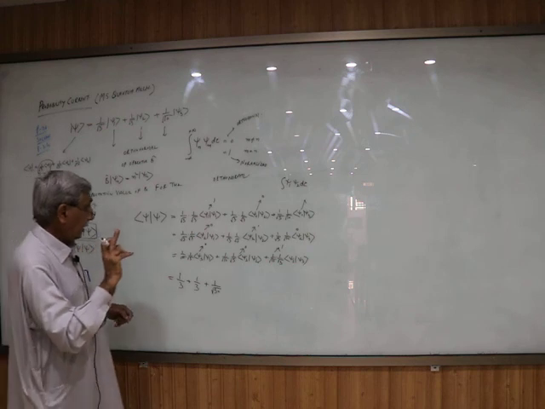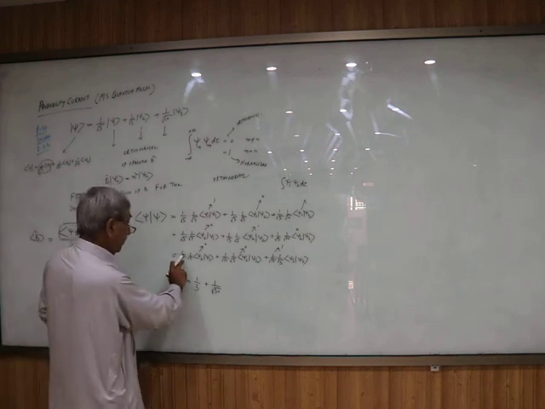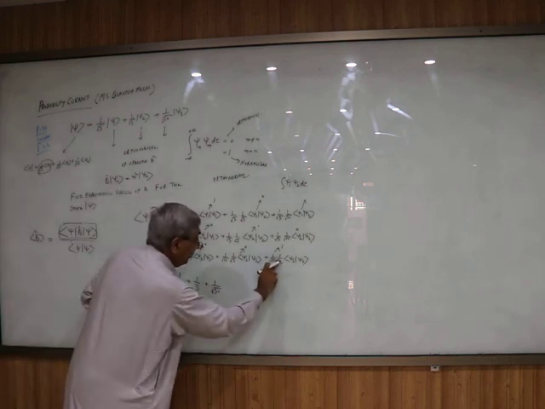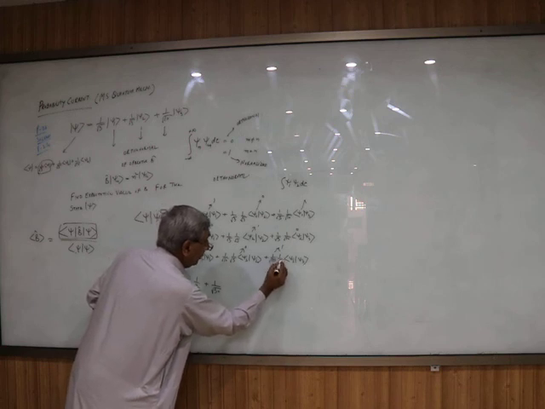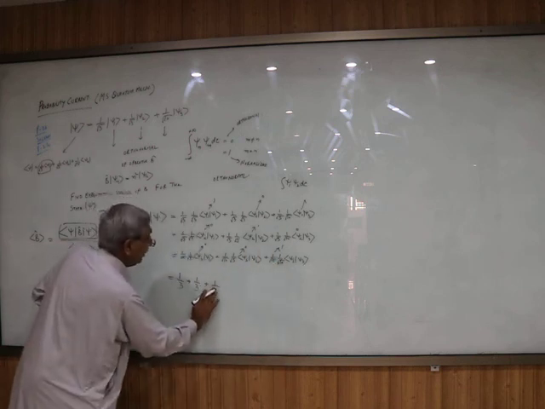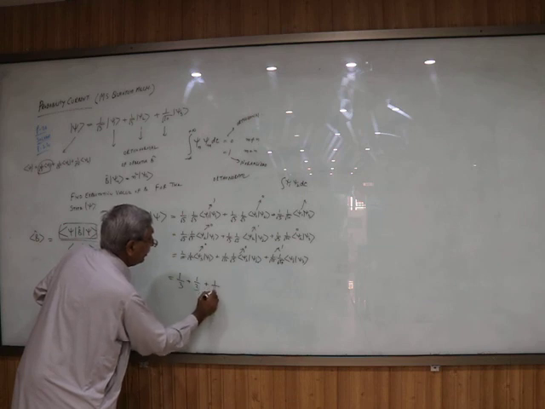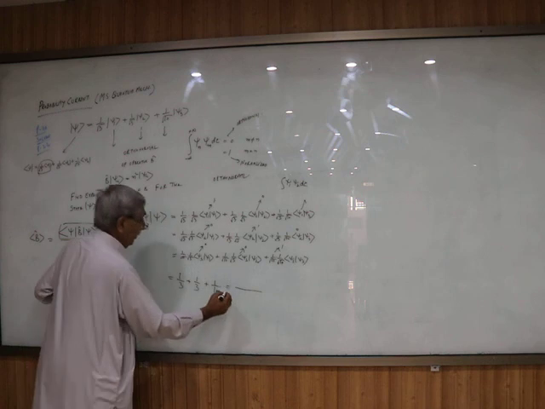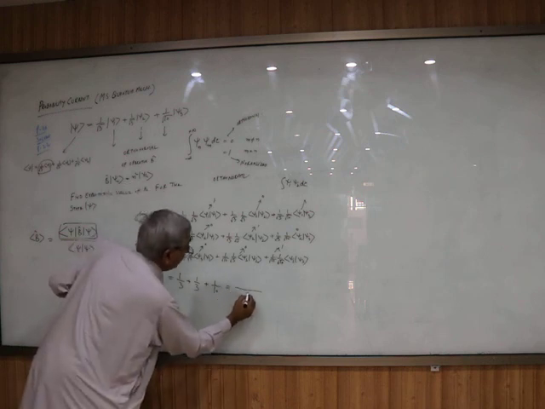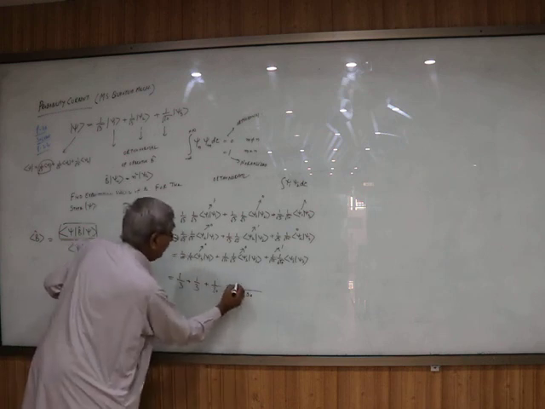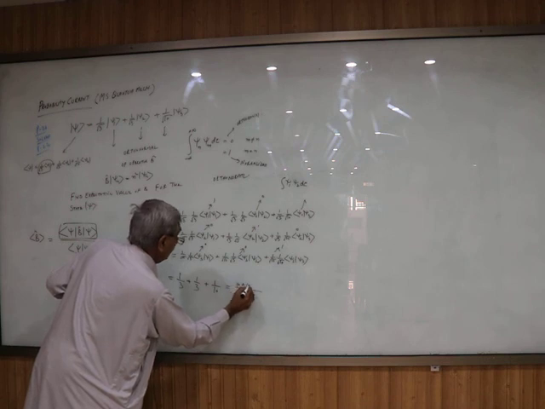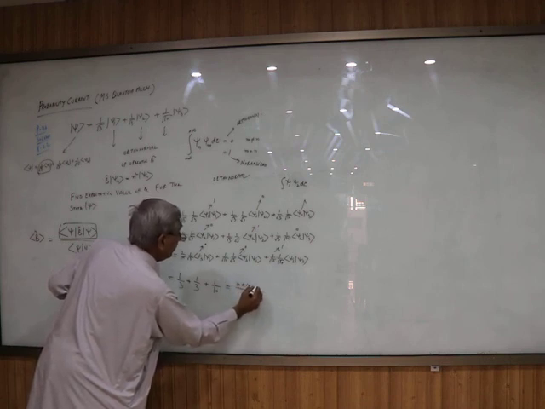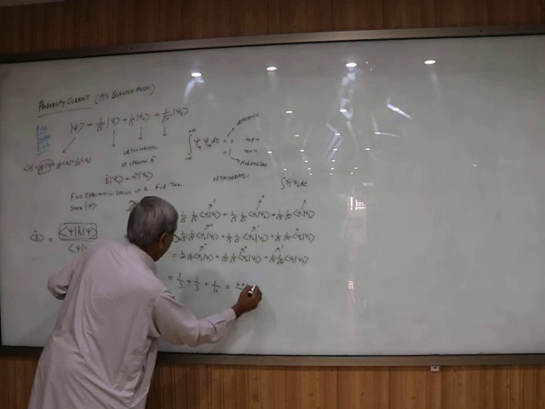Okay, I am sorry, because this is 1 over 10, and this will be 1 over 10. So this is 1 over 10. And if you simplify it, then you will be having 30 and 10 here, plus 10 here, plus 3 here.